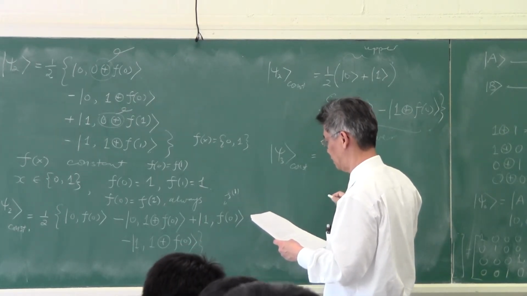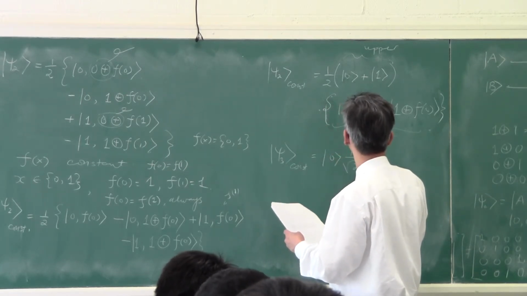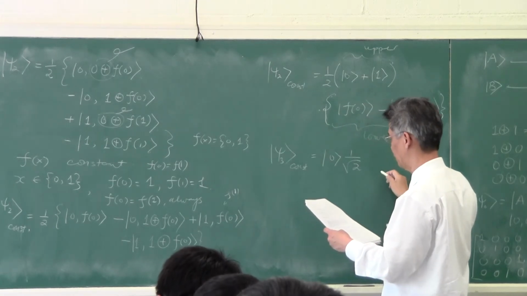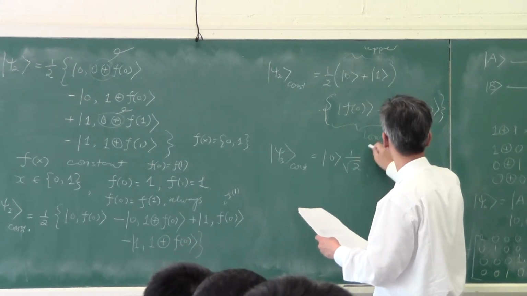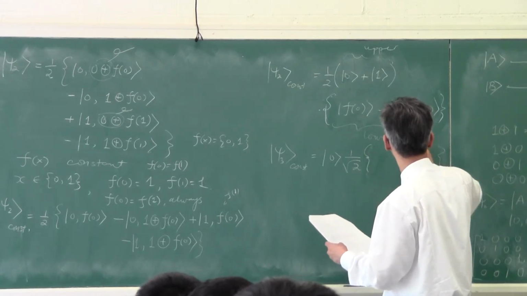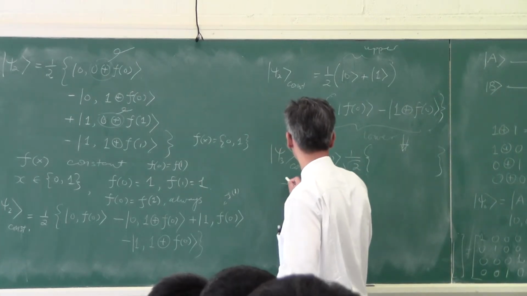And then I get 0 multiplied by, there's a root 2 somewhere coming along, times this one. The bottom state doesn't change. I just get 0. And then you go through the same operation again, assuming that f of x is balanced.